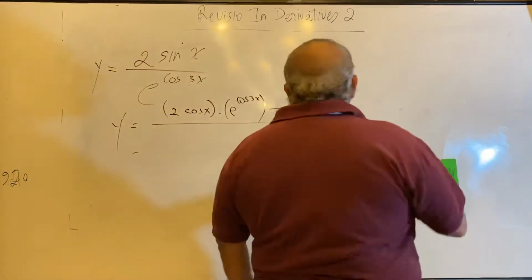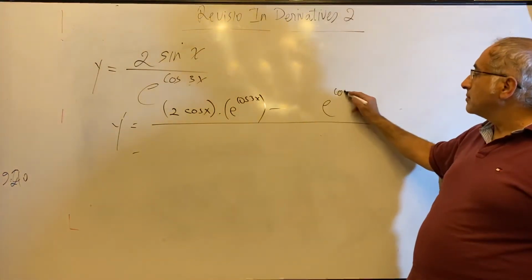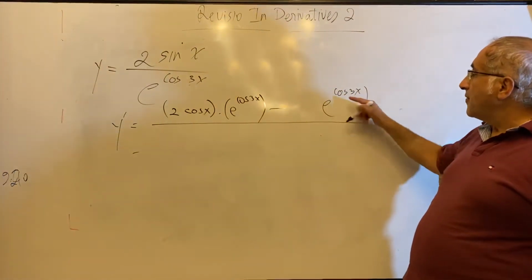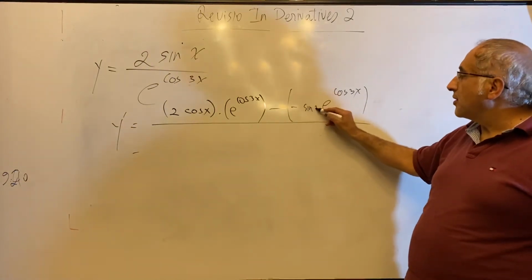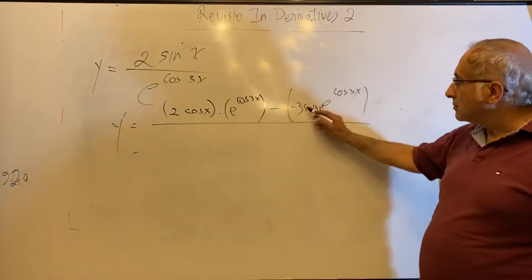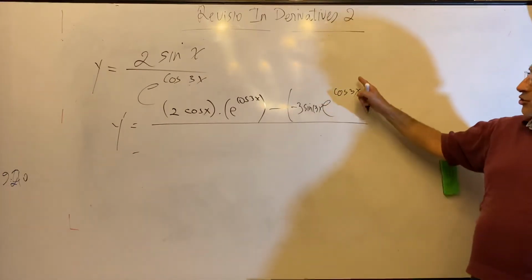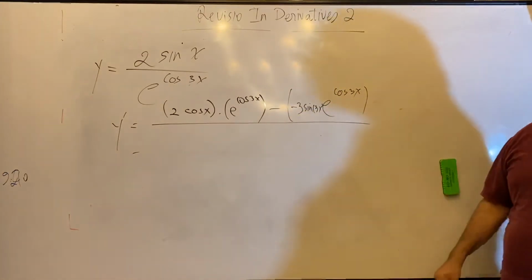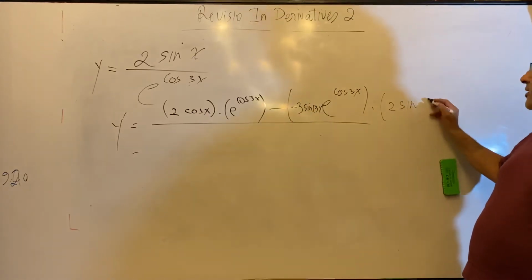Derivative of the denominator, e, it will stay the same all the time. And derivative of the top what? Minus sine 3x. What is derivative of 3x? 3. So derivative of the second, you put it as it is, and the top derivative, sine 3x, times who? The top, or we call it the numerator.